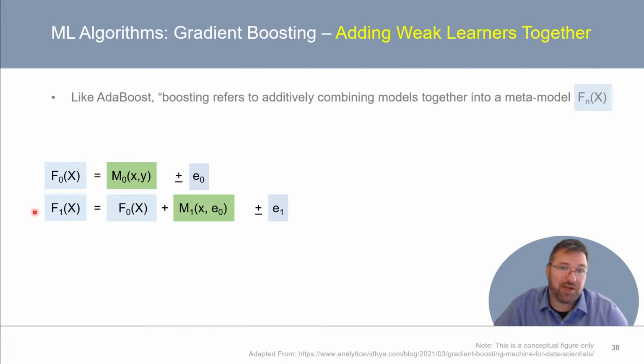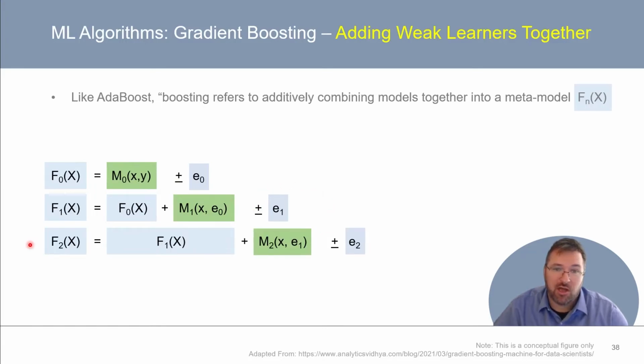After our second gradient boosting iteration, our meta algorithm f sub 1 adds the new weak model m sub 1 to the previous meta model, and this new meta model has error e sub 1. Continuing on to our third iteration, our meta algorithm f sub 2 adds the new weak model m sub 2 to the meta model from our last iteration, and this new meta model has error e sub 2.